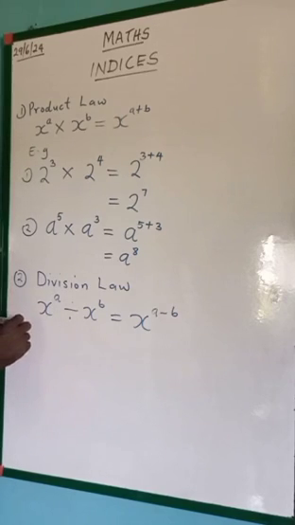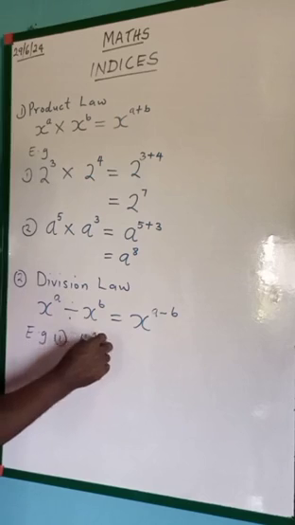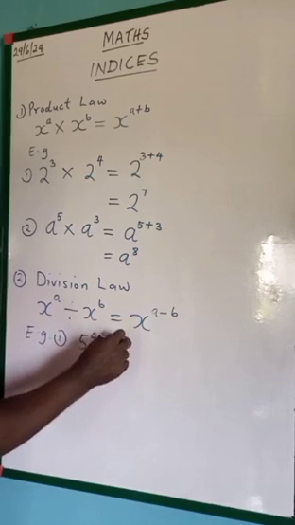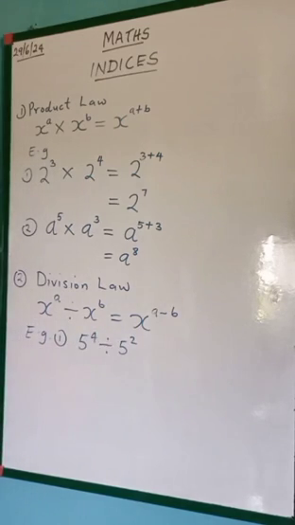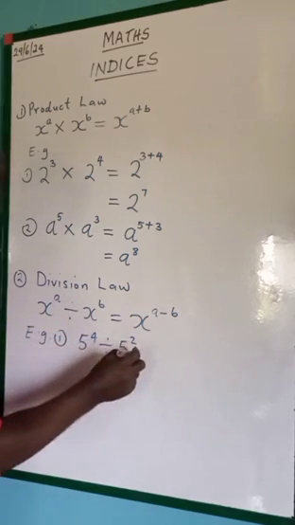Let us consider one or two examples of this. The first example we are considering here, take for instance we have 5 raised to power 4 divided by 5 raised to power 2. So what is the answer to this? If we look at what the law just told us, if we have a number that has the same base or foundation number as another, what you do is just pick one of them.